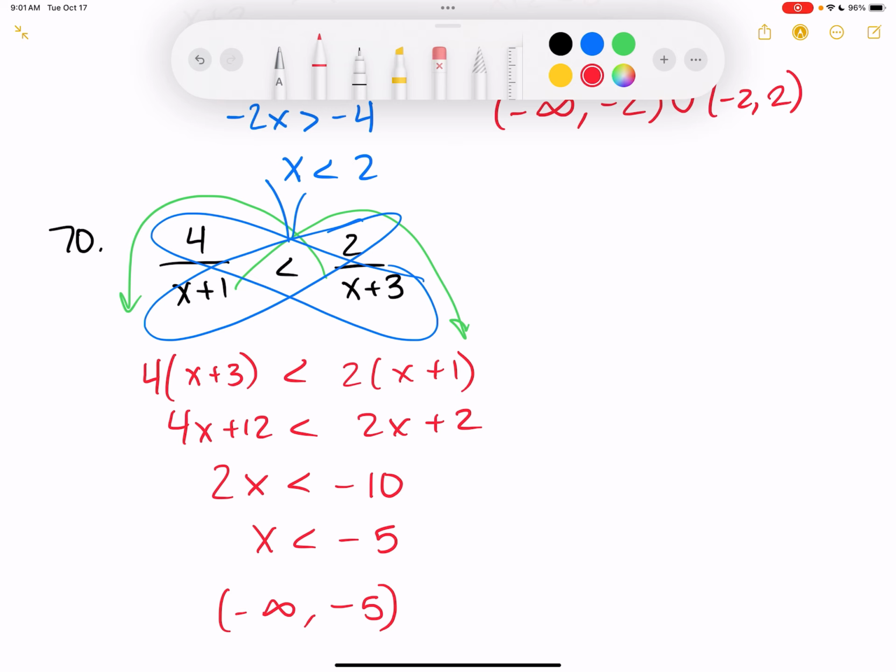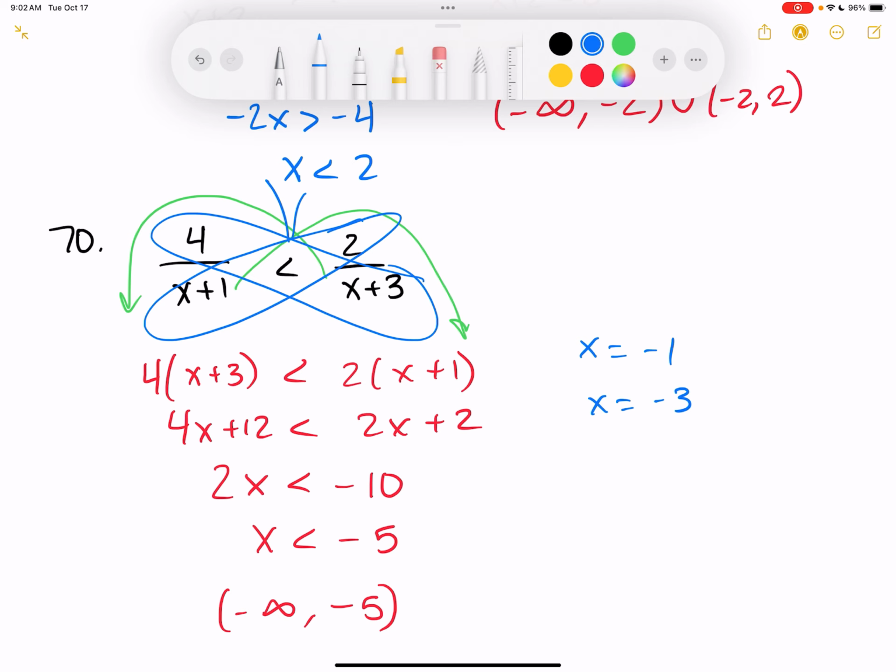So technically, oh wait, this one's a little different. Is negative 1 or negative 3 in this interval? We should be concerned about this and this, but I only care about them if they're in this interval. Negative infinity to negative 5 would be like negative 47 to negative 5.